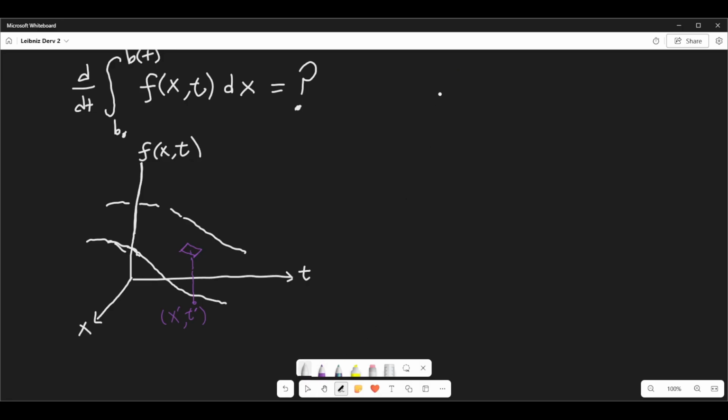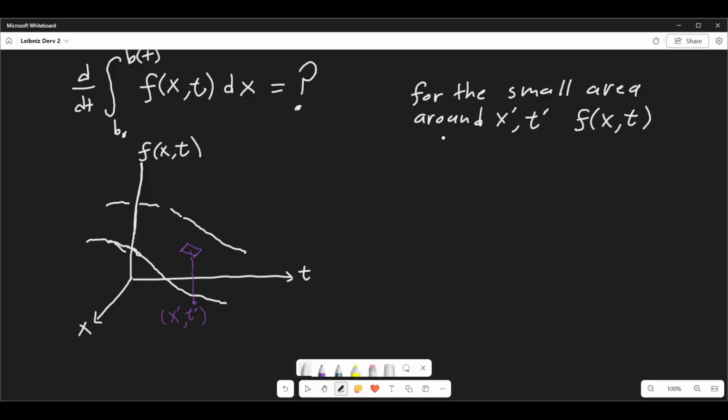So in a small area around x prime and t prime, f of x, t can be approximated as a flat plane.